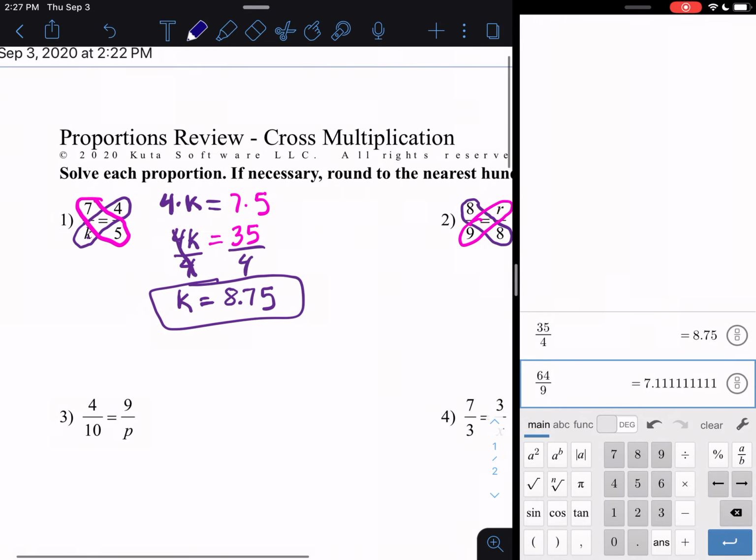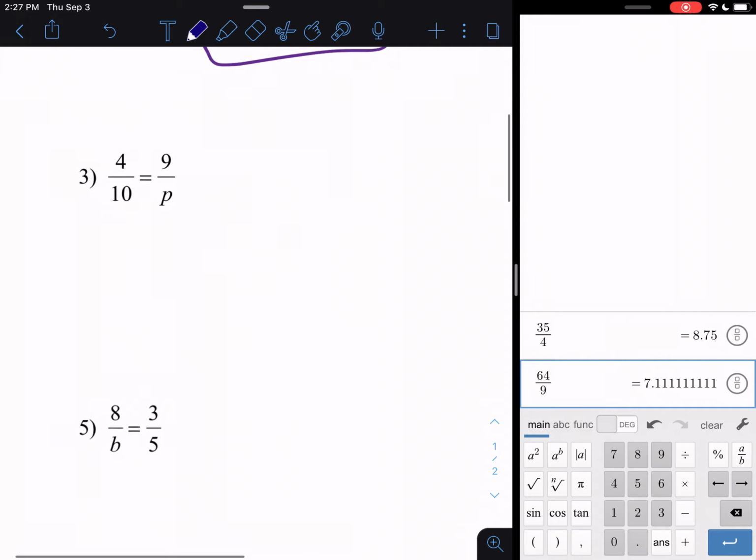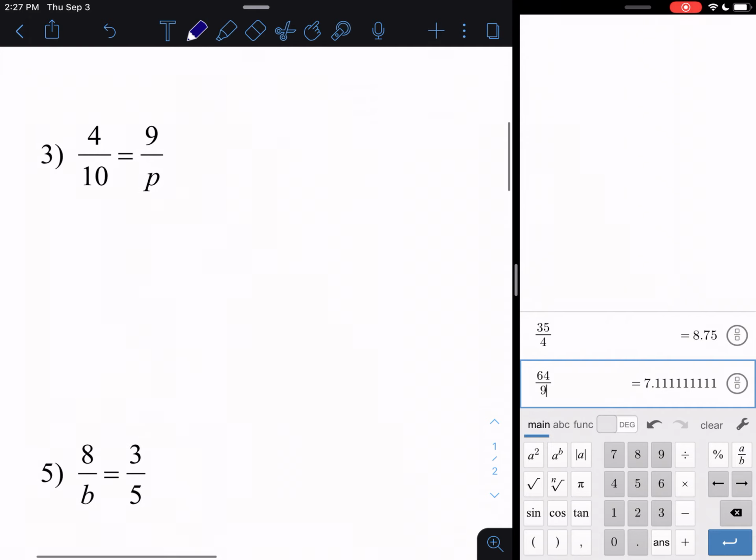Let's keep going. Okay, so number 3. I'm noticing something right off the bat. With number 3, I'm seeing that 4 over 10 can actually be simplified. So to see if there's actually a multiplicative relationship here, I'm going to first simplify 4 over 10. So I can actually divide both 4 and 10 by 2.